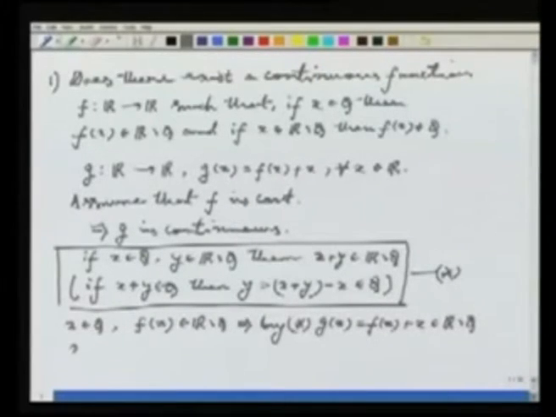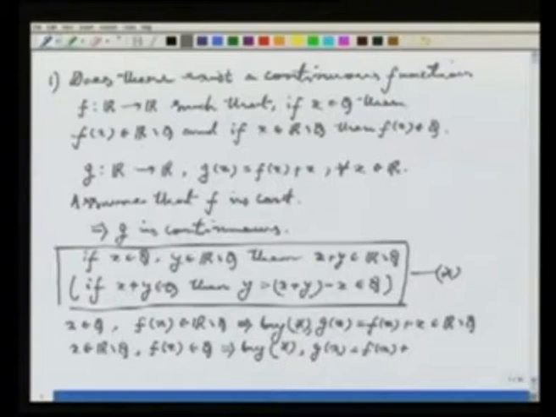But now let us take x to be an irrational number. Suppose x is in R minus Q. Then I know again that f(x) belongs to Q, but then this implies again by star that g(x), that equals f(x) plus x, again belongs to R minus Q. So it follows from these two calculations that g has the following property: whatever x you choose in the set of real numbers, g(x) is always an irrational number.